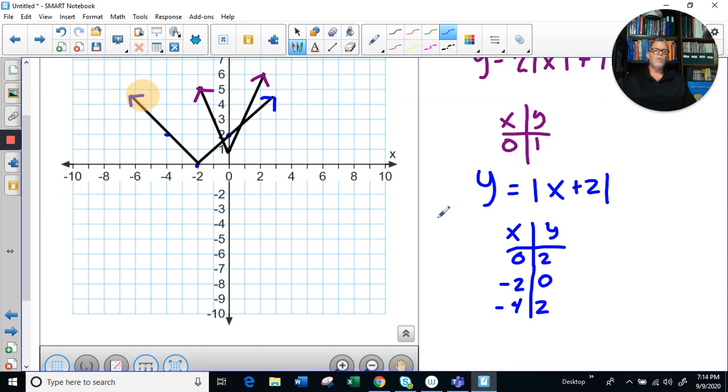All right. So in general, what I want you to think of is this, and we'll come back to this because I use it a lot with different functions.